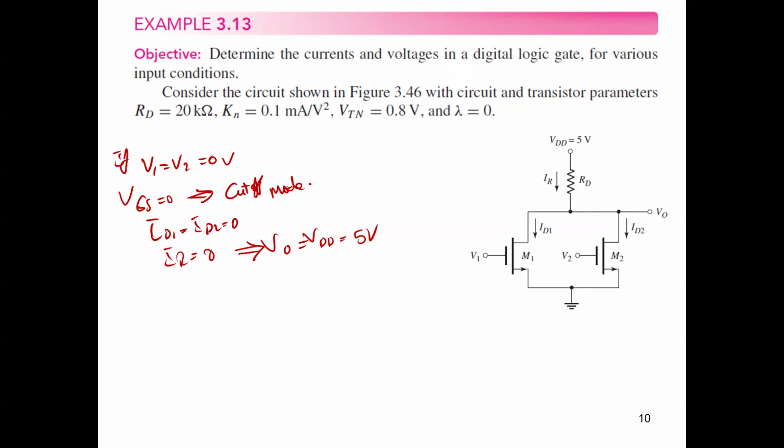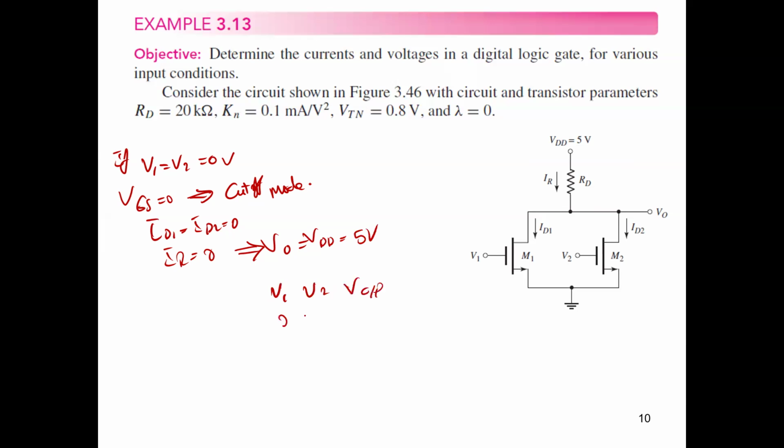Okay, now let's move to another case. For logic circuits, guys, since we have two inputs, we have four different possibilities. As we mentioned, for a logic circuit, we have V1, V2, and V out.